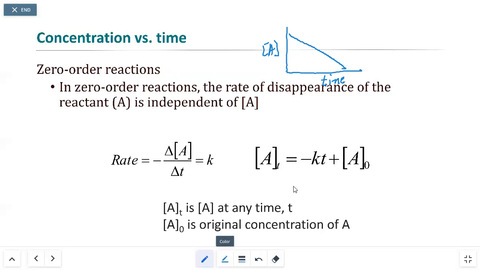And so if I want to look at the concentration at any given point in time, so let's say I want to look at the concentration at that mark right there, all I have to know is what time are we at, where did we start, and what is the slope of this line. The slope of the line here is equal to the opposite of the rate constant.